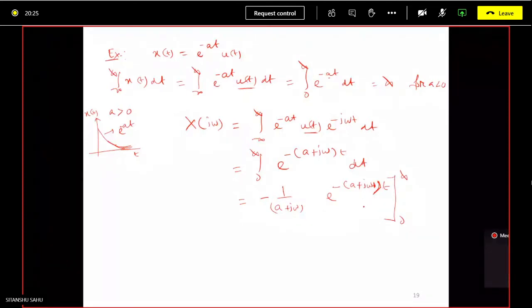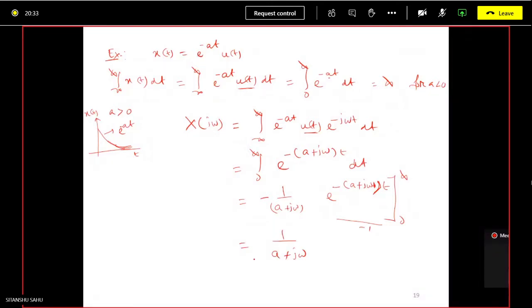So 0 minus 1 is minus 1, and this becomes 1 upon a plus j omega. This is the Fourier transform of the signal x of t.